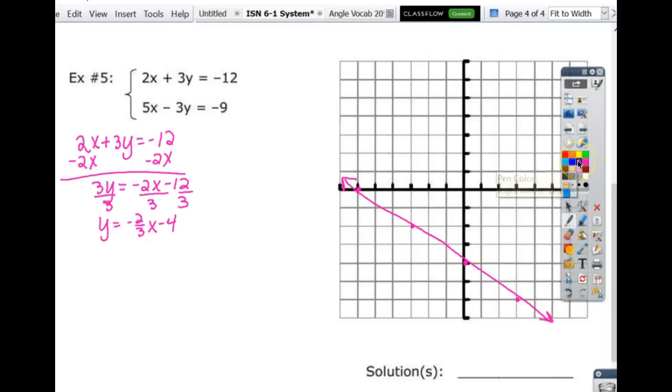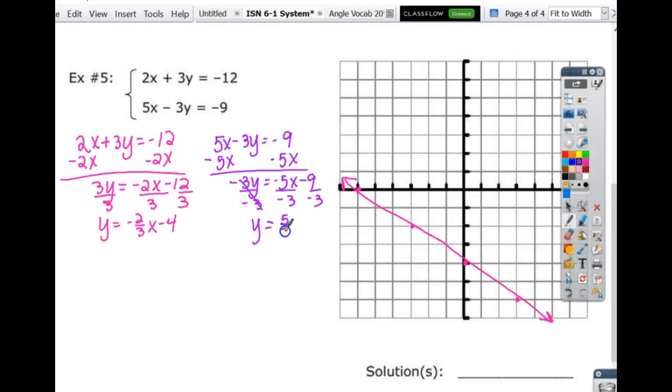And for the other one, I'm going to subtract the 5x. I'm going to start at 3.